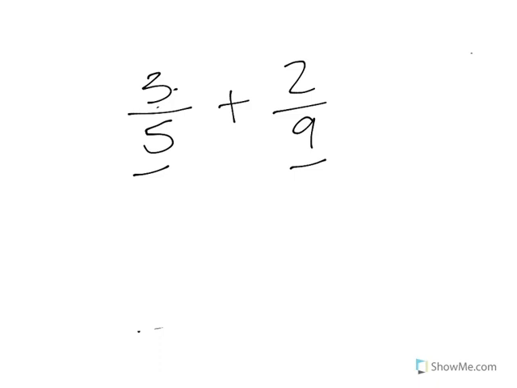So I can do this the easy way, and I can just do 5 times 9 and 9 times 5. And that's going to be 45 on the bottom.